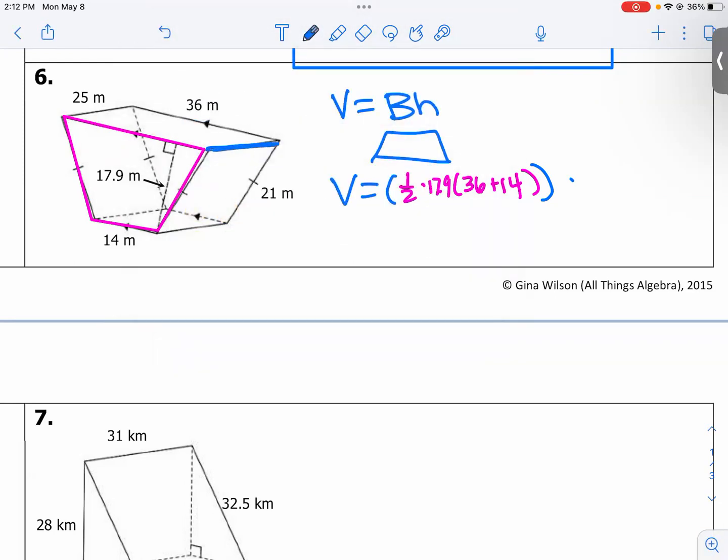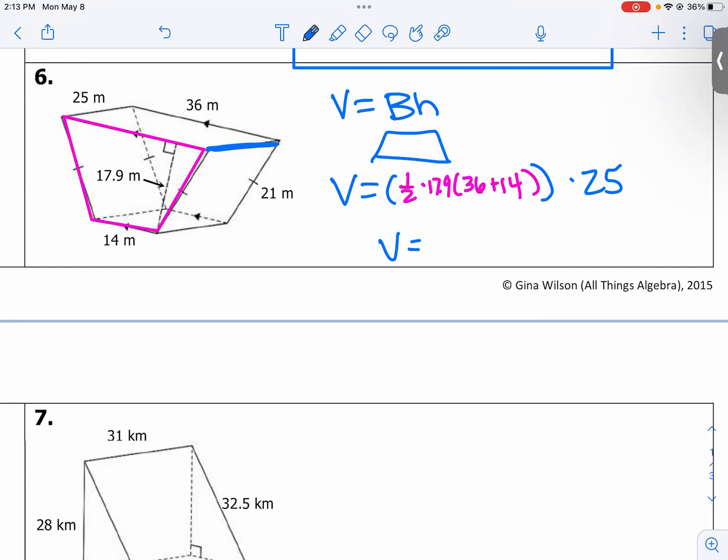Then the height of our prism, the piece that is connecting our two trapezoids, has a length of 25. Do you remember when I said we're not having any conversations outside of this?